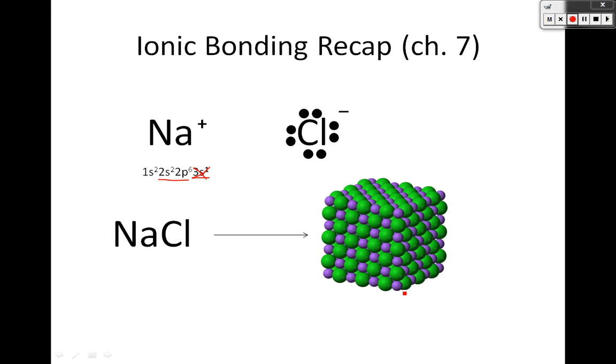If we look at the smallest ratio, that would be 1 formula unit of sodium chloride, which is 1 Na and 1 Cl, which is why we call it NaCl. And then we talked about if you were to put the solid NaCl in water, the ions would dissociate, and then you could conduct a charge between the positives and the negatives.